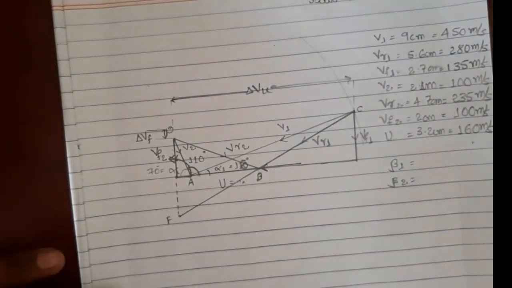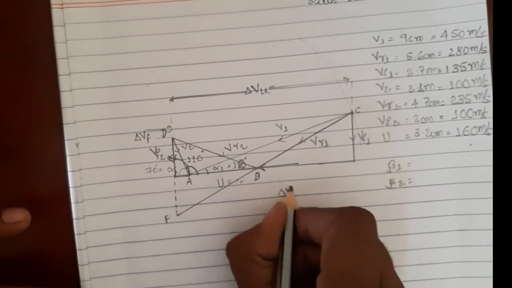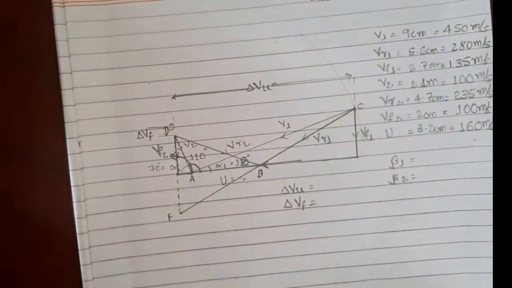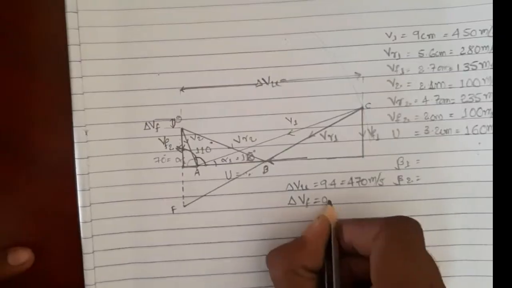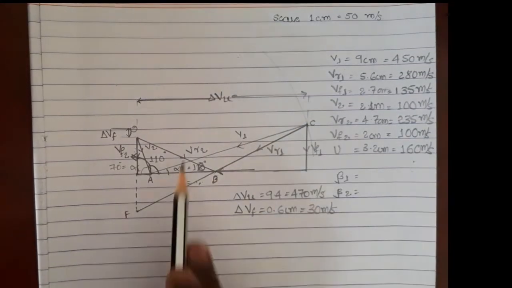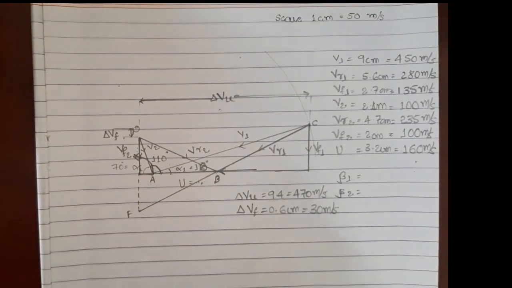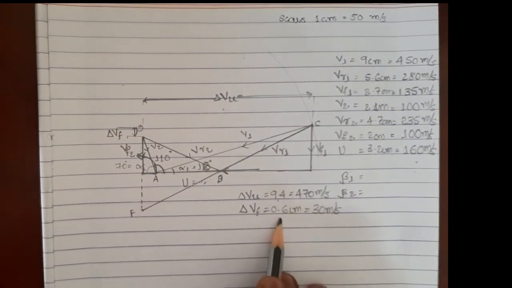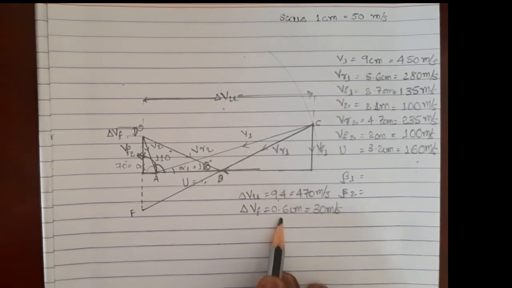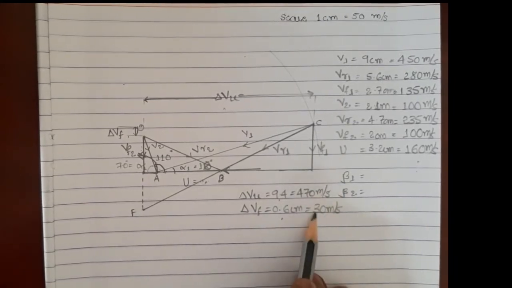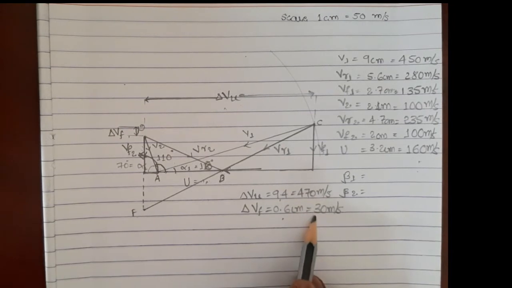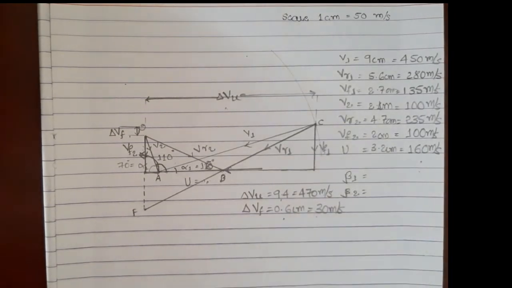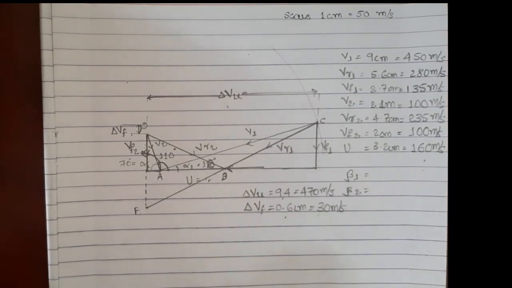So all these parameters I have to measure and calculate. Now I have measured delta VU and delta VF also. Those are 9.4 centimeter and 0.6 centimeter, which upon conversion becomes 470 meter per second and 30 meter per second. Now let us move towards the calculation of the parameters that are being asked.